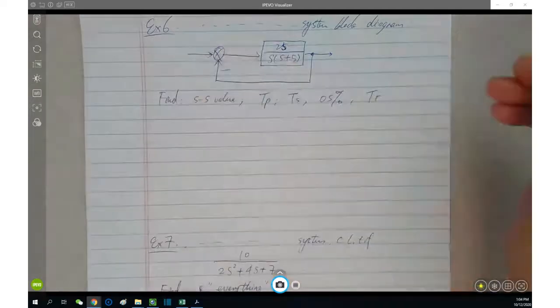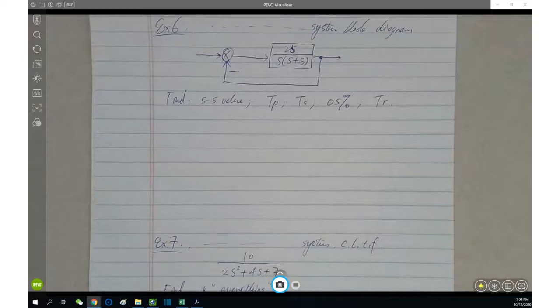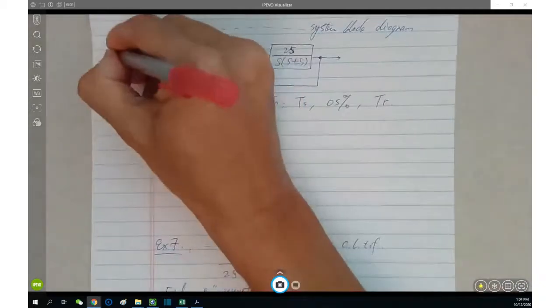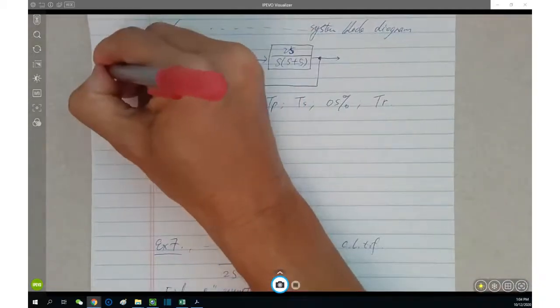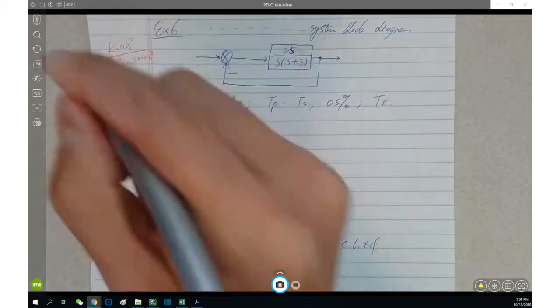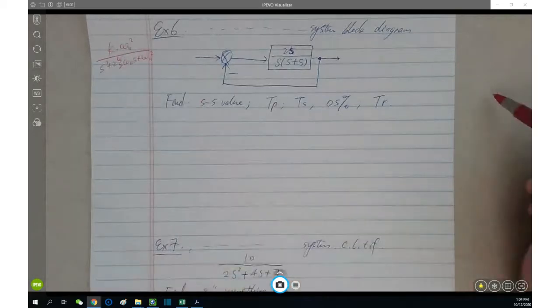So what we do here is, first of all, you need to recall one fact. No matter what we have discussed in this module, everything is derived out of here: TP, TS, overshoot, TR, steady state value.